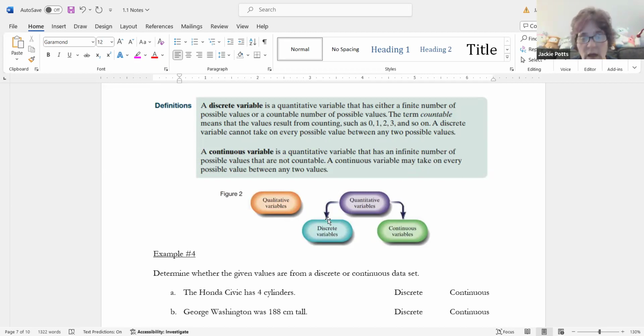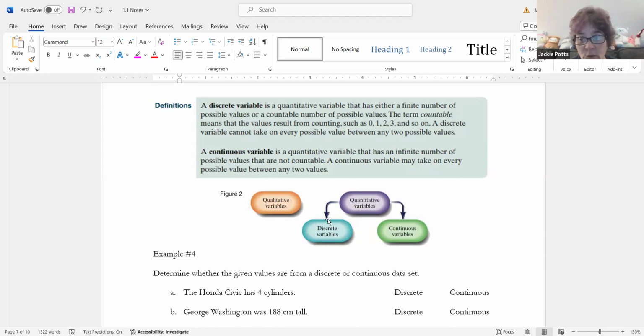Both discrete and continuous are quantitative variables. However, think of discrete as stair steps. You have 1, 2, 3, 4. There are no half steps. What happens when you do a half step? You fall flat on your face. So a discrete variable has to be in whole numbers. Think of how many cars you may own.